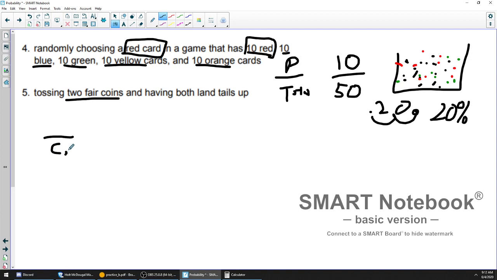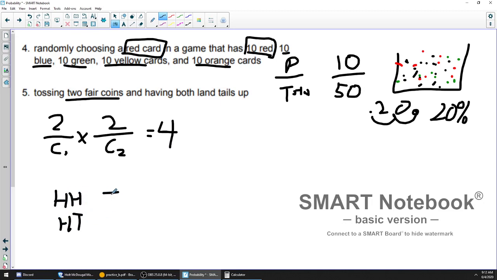So let's do coin 1, coin 2. There's two sides to this coin and two sides to this coin. So we know there's a total possible 4 outcomes. And what are they? Heads, heads, heads, tails, tails, heads, and tails, tails.